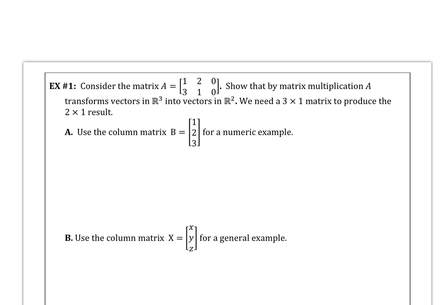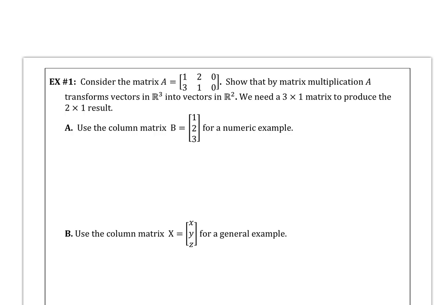If you consider matrix A, we want to show that matrix multiplication of A transforms a 3-dimensional vector into a vector in 2-dimensional space. We need a 3x1 matrix to produce that 2x1 result.